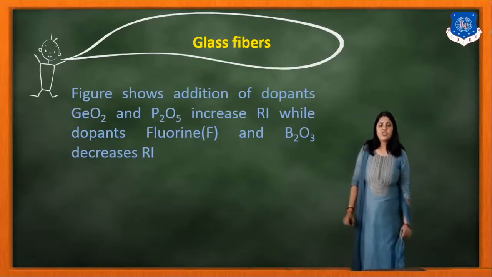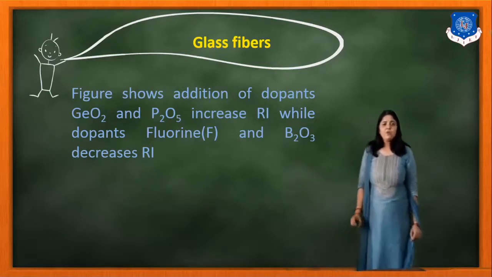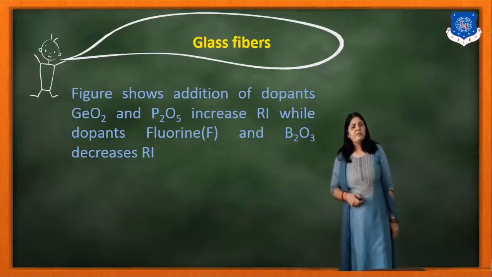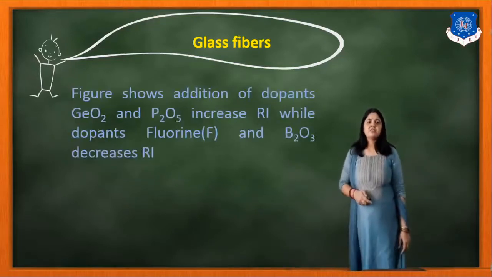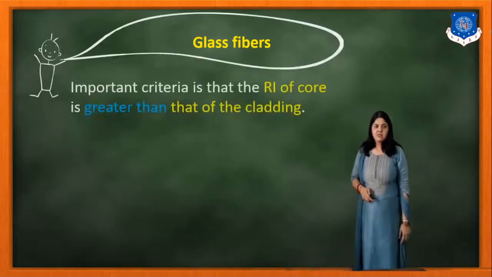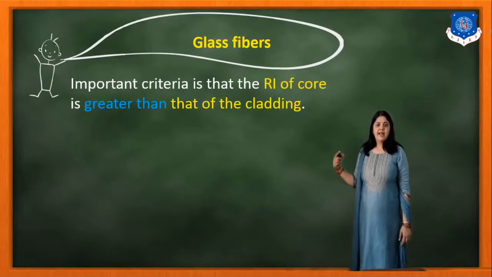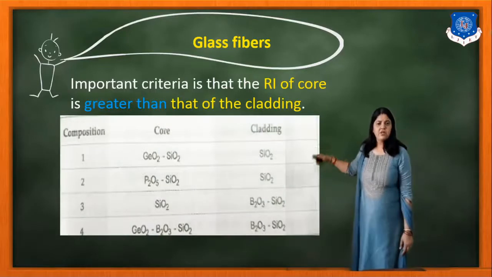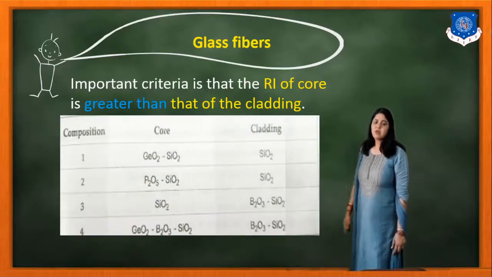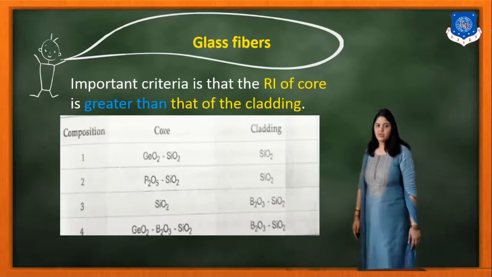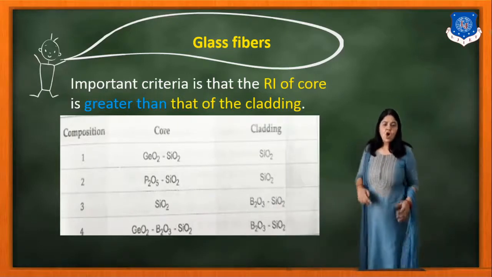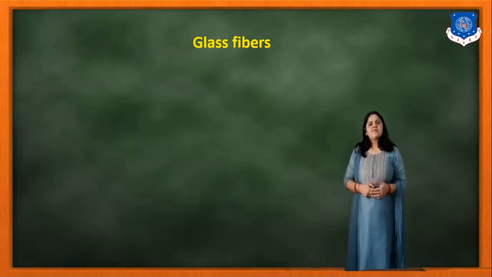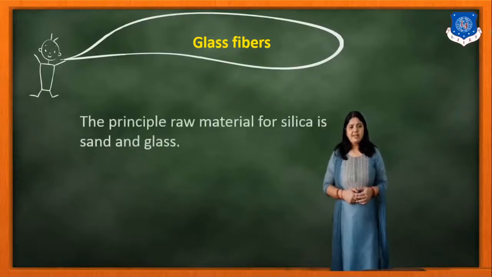The figure shows that the dopants GeO2 and P2O5 increase the refractive index, while the dopants fluorine and B2O3 decrease it. The important criterion is that the refractive index of the core is greater than that of the cladding, and some materials that can be used as core and cladding are given. These mixtures of core and cladding change the refractive index value, and we can use them to fabricate the fiber.